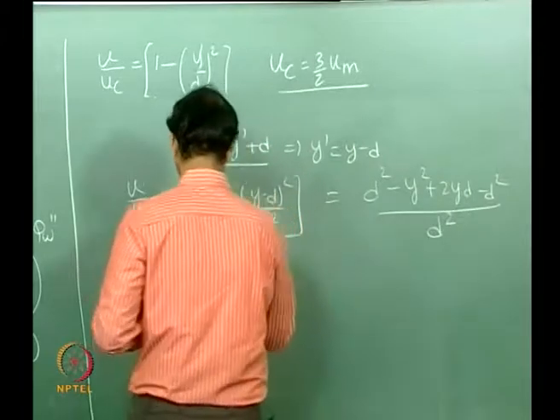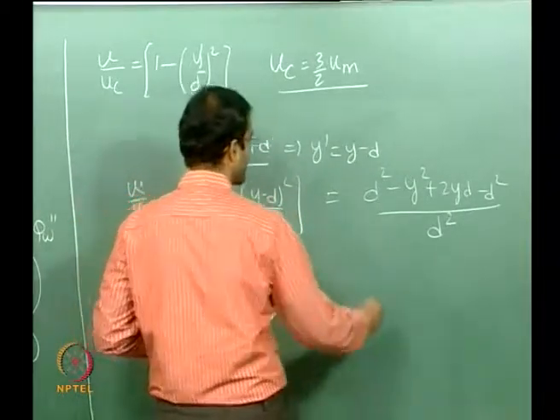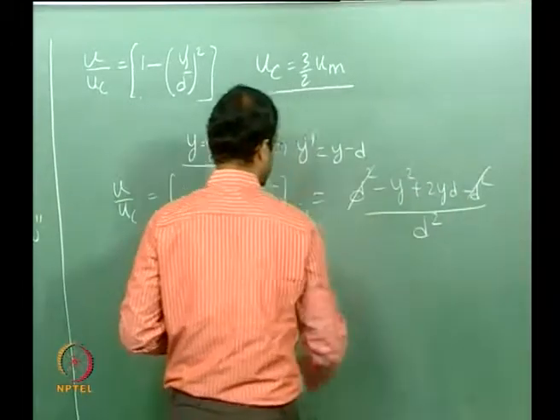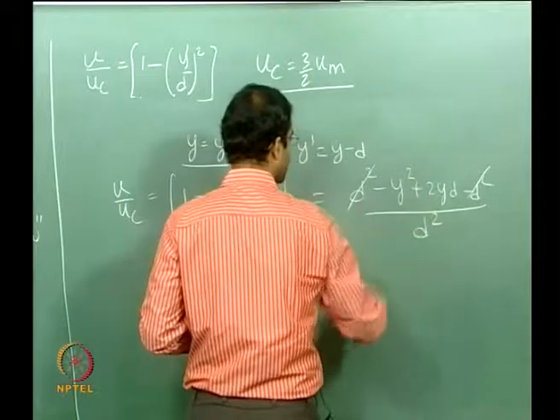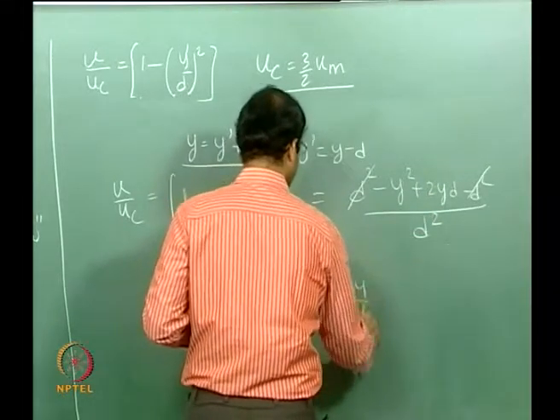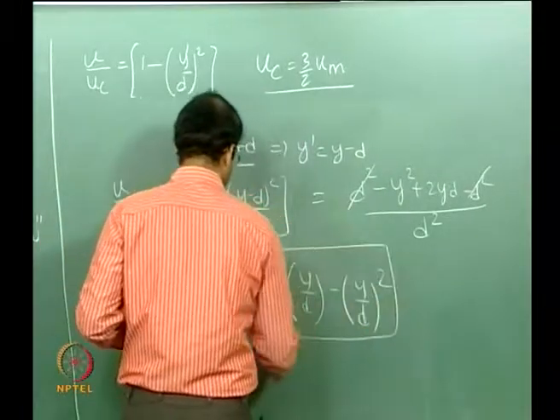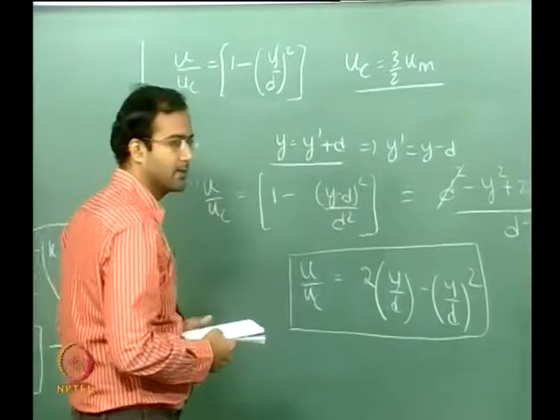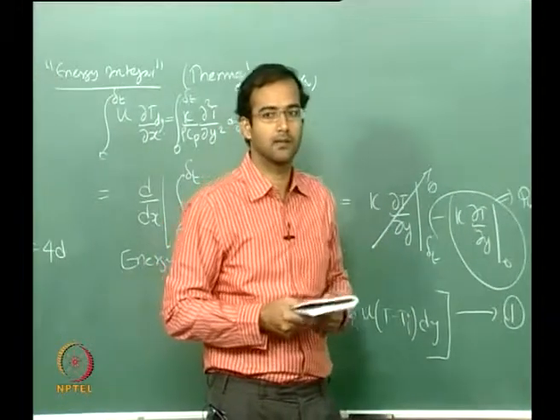The d square and minus d square cancel, and this can be written as twice of y by d minus y by d the whole square. So this is your velocity profile with the xy coordinate system attached to the bottom plate.